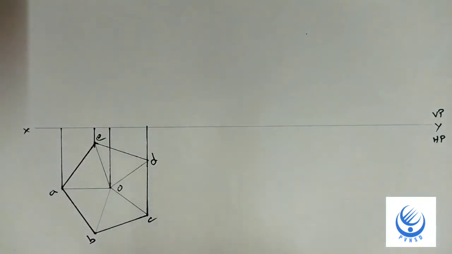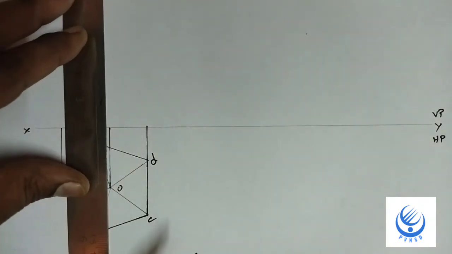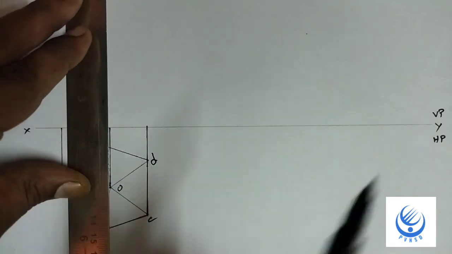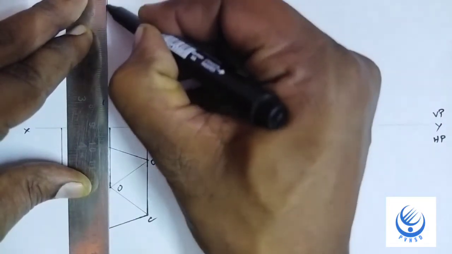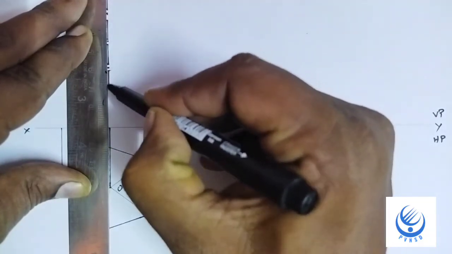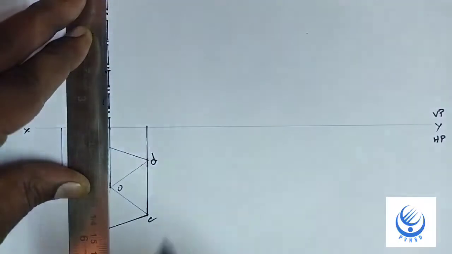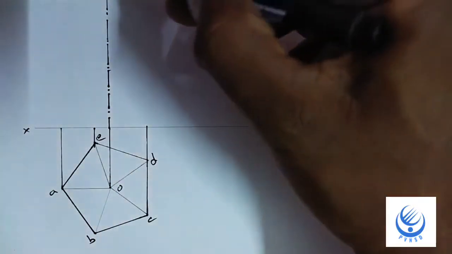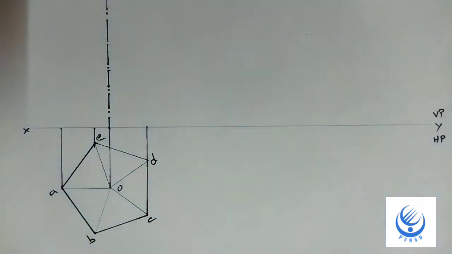This center axis line is 90 mm from the reference line. This line length is 90 mm from the reference line. This point is O dash, that is the apex.